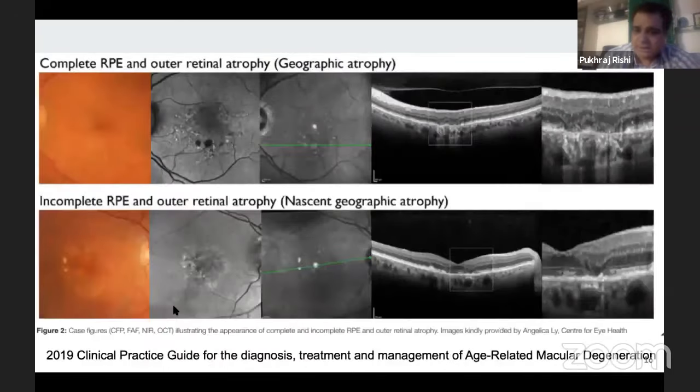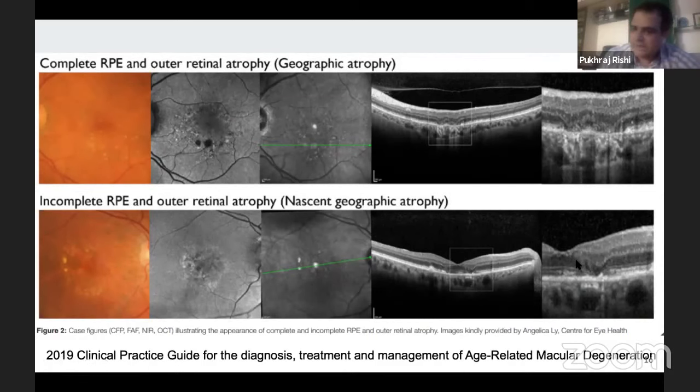Here you can see on the upper scan, on the right hand side OCT, the dipping of the outer plexiform layer, and in the OCT scan in the lower panel, you can see the OPL does not go all the way to the RPE Bruch's membrane complex.